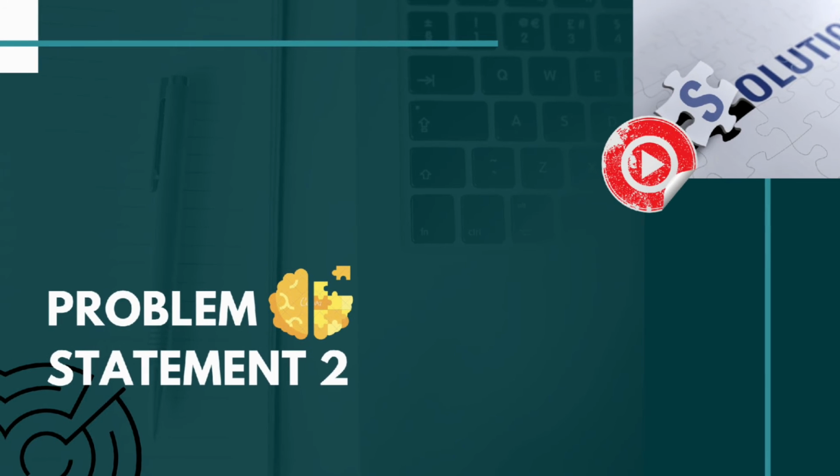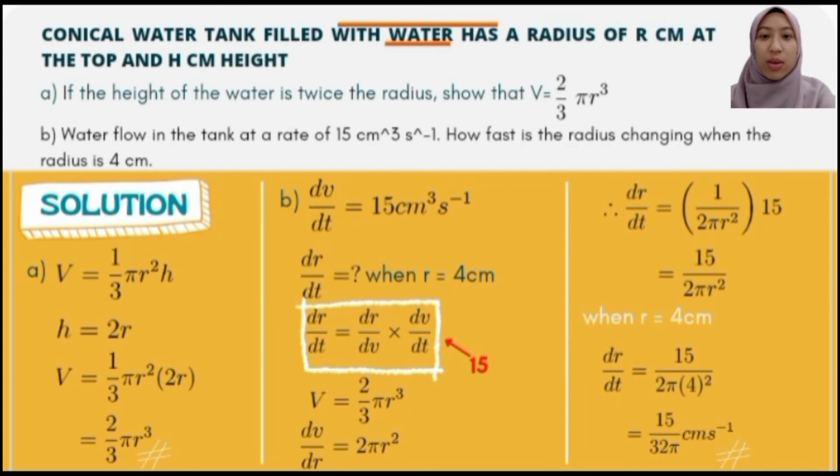Example 2. A conical water tank filled with water has a radius of r cm at the top and h cm height. A. If the height of the water is twice the radius, show that V equals 2 over 3 pi r cube. First, we have to know the volume.